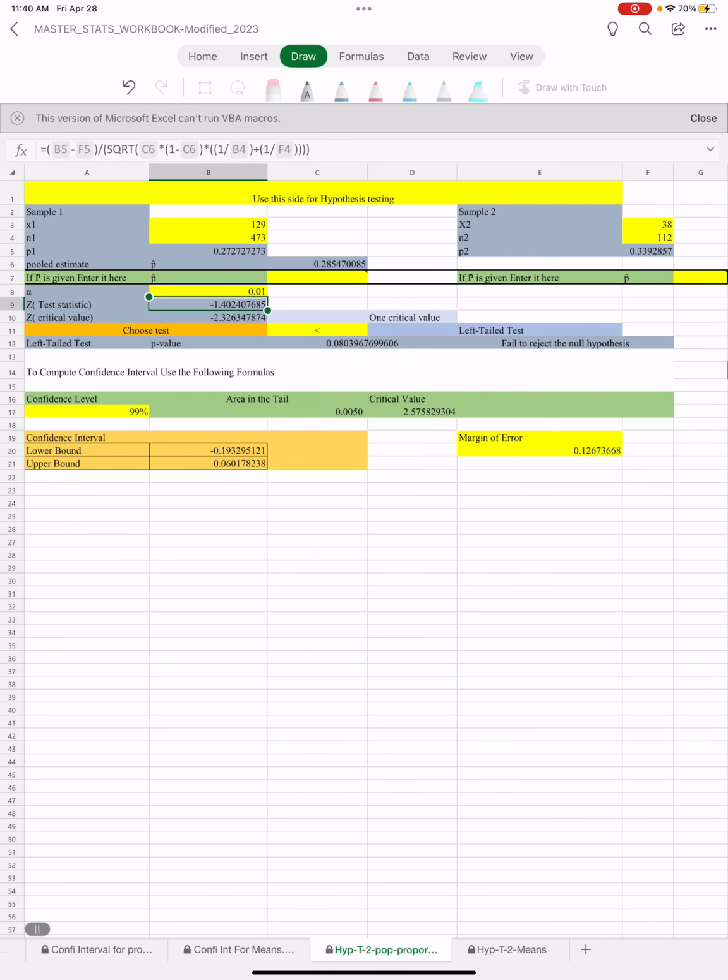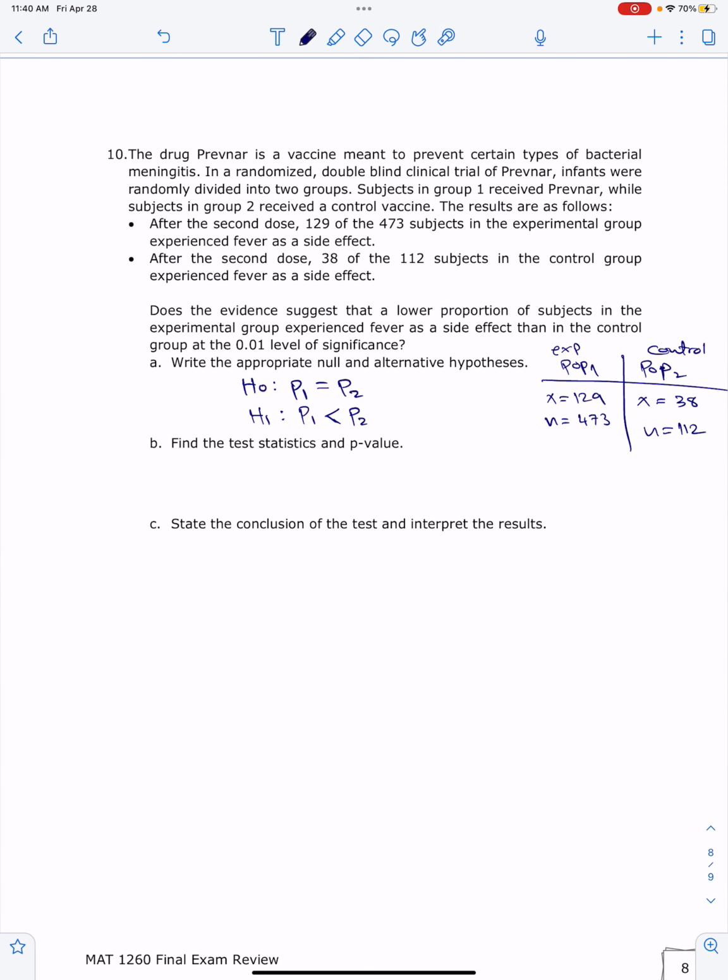Now, we have the test statistic, and we have the p-value right here, and we have the decision. So, I'm going to say the test statistic is equal to negative 1.4024.